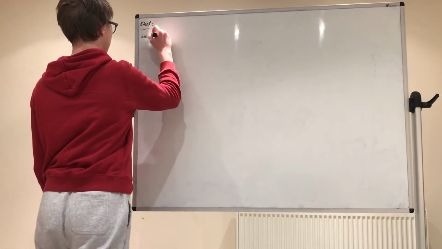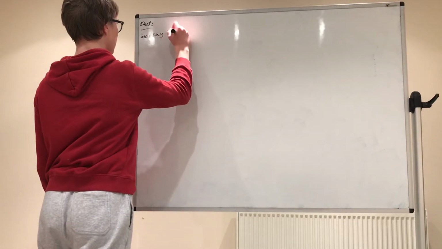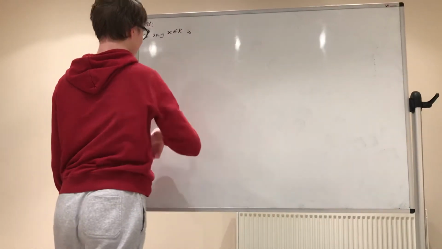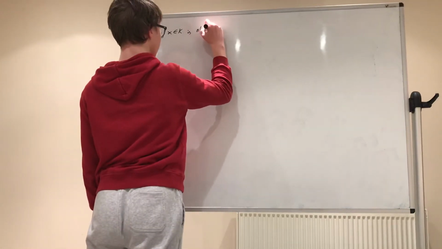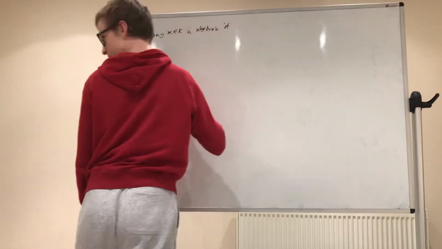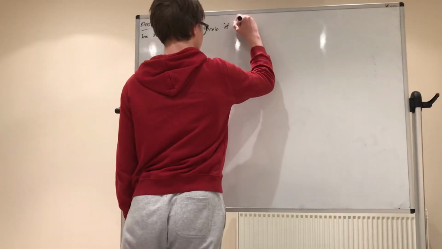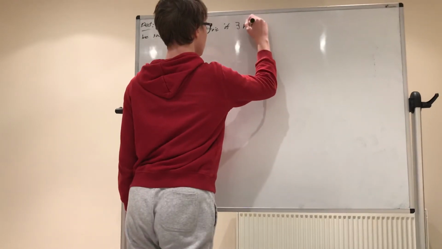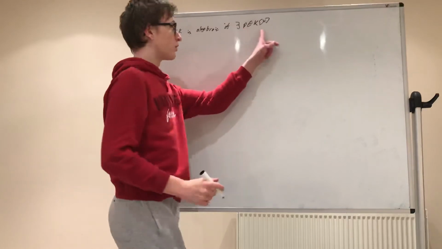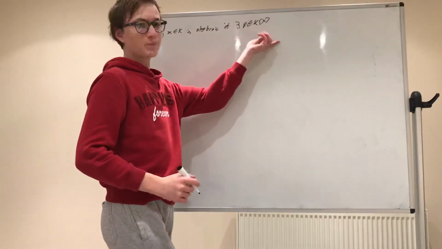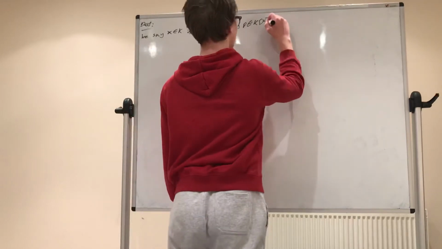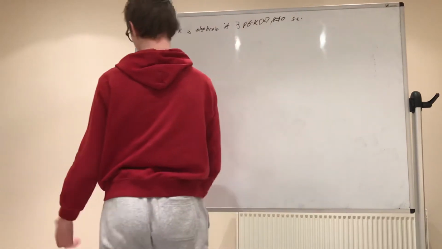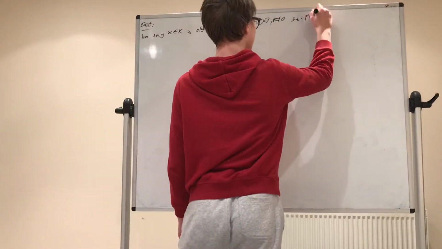We say that x, which is in a field F, is algebraic over K if there exists a polynomial p not equal to 0 in the ring of polynomials with coefficients in K, so it's not the zero polynomial, such that x is a root of p.